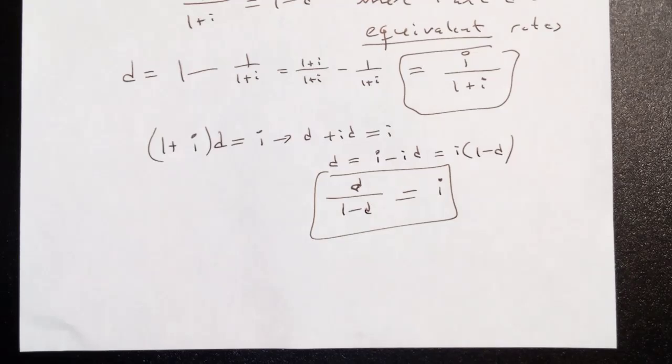If you put in 0.1 to this equation, what do you get? The discount rate of 10%.